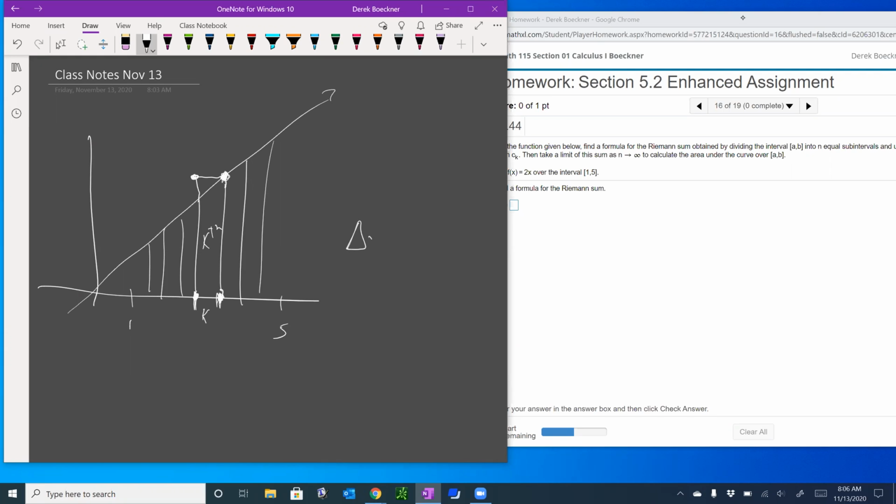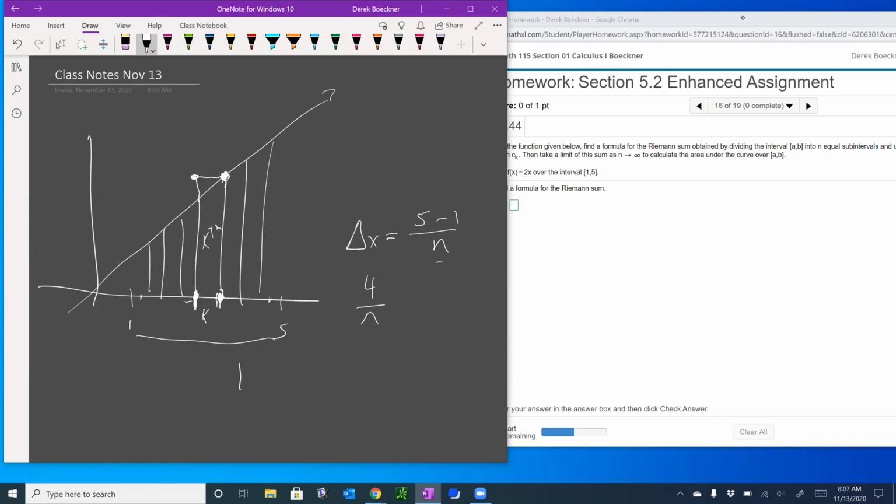And so our delta x is going to be 5 minus 1 over n, right? Because that's the width of the entire region that we're looking at. We're dividing it into n bits. So delta x is 4 over n. And I've got n of these things. I'm going to go from k equals 1 here to k equals n here. So this k value, this is going to be at, well, if this is the kth interval, there are k minus 1 of the 4 over n's in front of it.